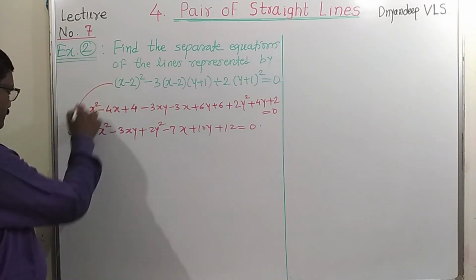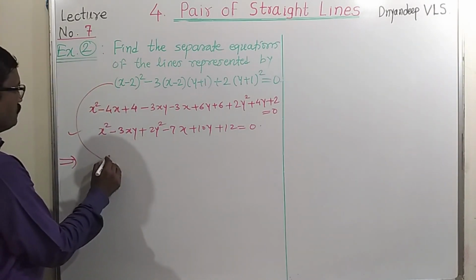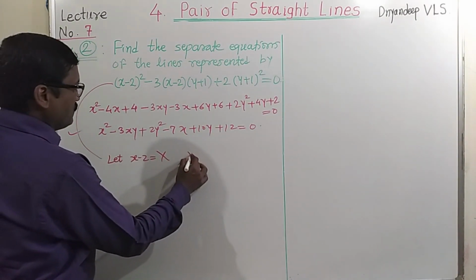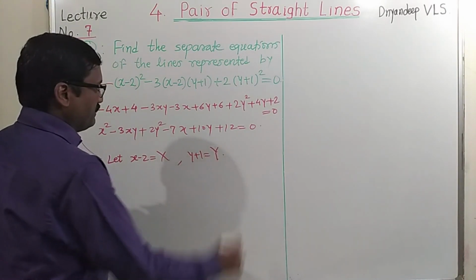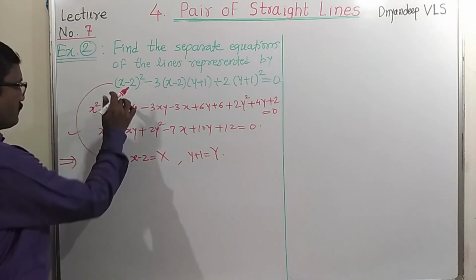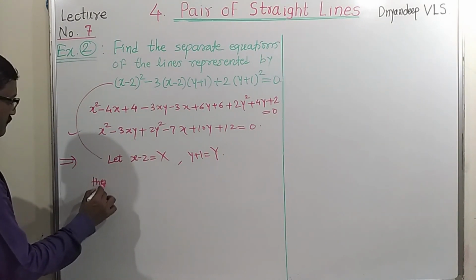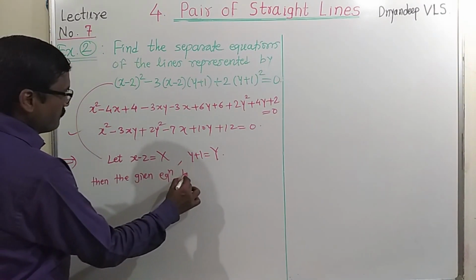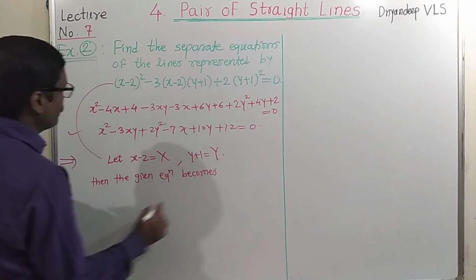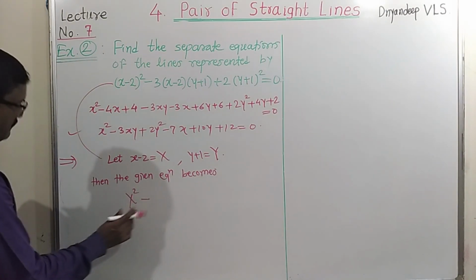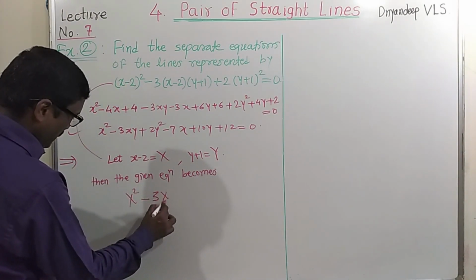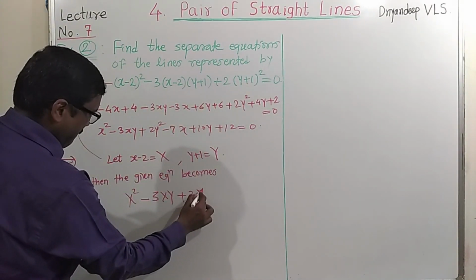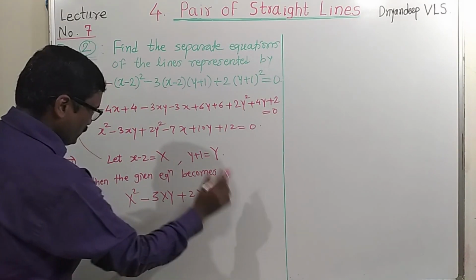If you put here in the part of solution, we will put let x minus 2 is equal to capital X and y plus 1 is equal to capital Y. Then the given equation becomes X square minus 3XY plus 2Y square equal to 0.